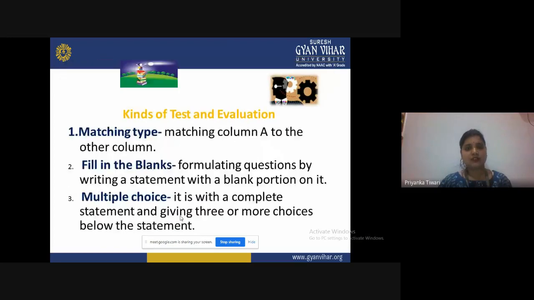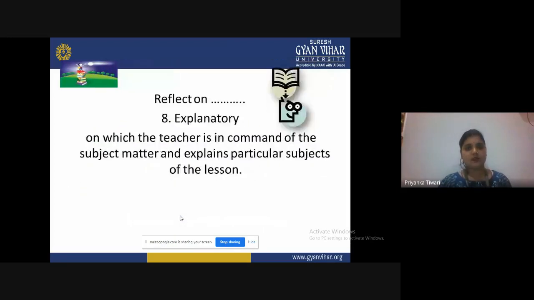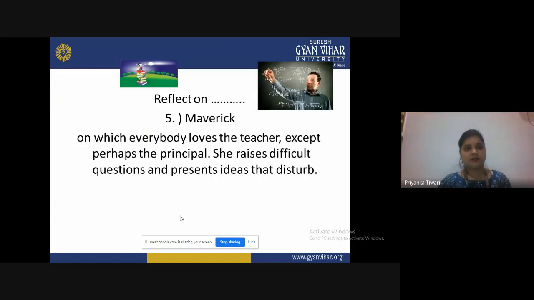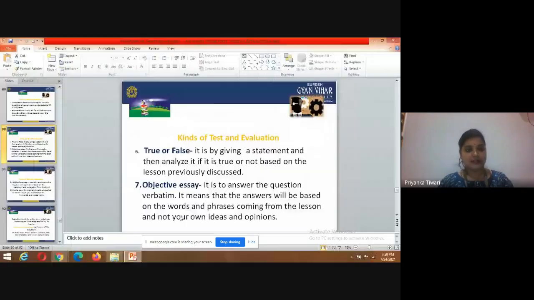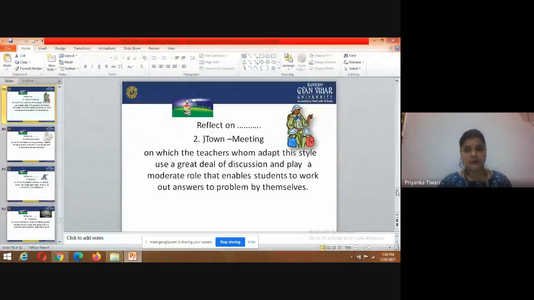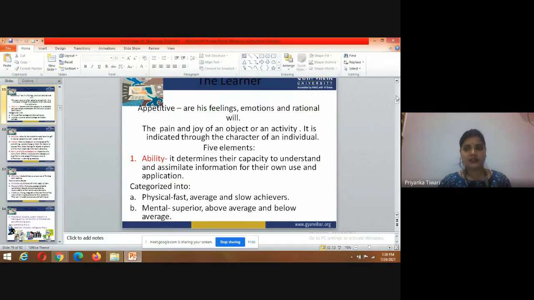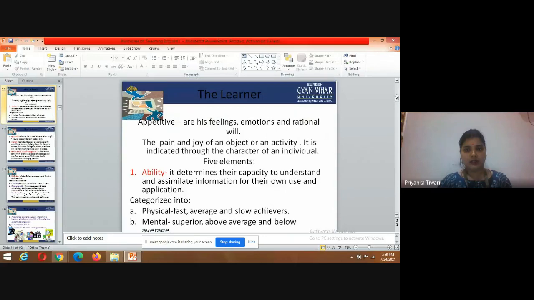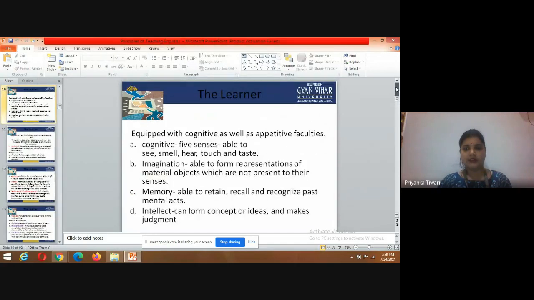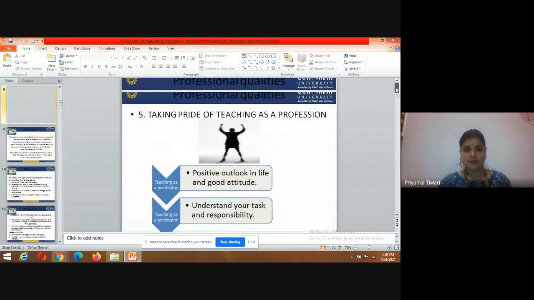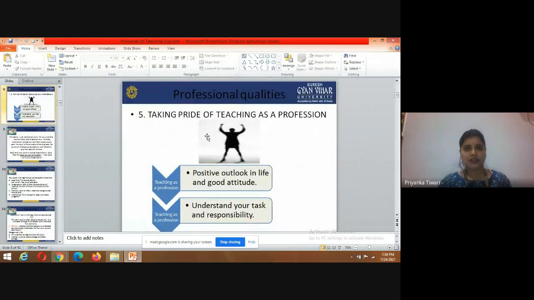Now we are discussing one by one. Again, we are just revising some methods. We have discussed these points, the learner and the teacher. These are professional qualities.